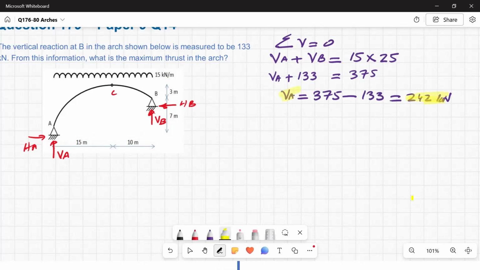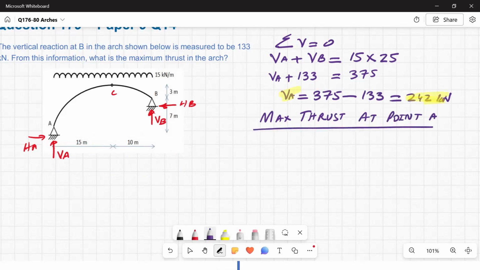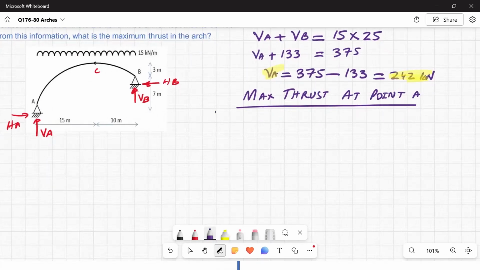So the maximum thrust, I'm saying, will be at point A. If the maximum thrust is at point A, then I will draw its diagram.